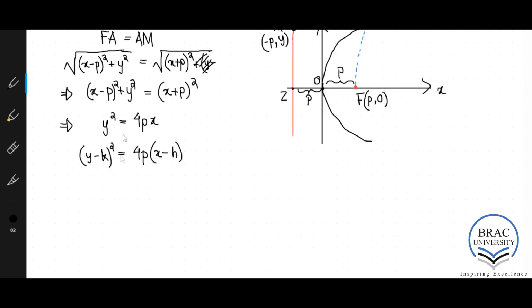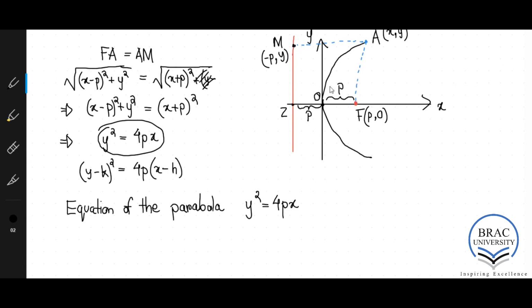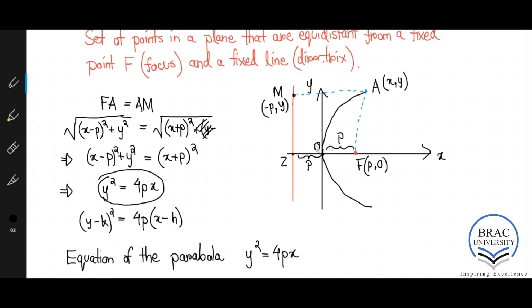So what we'll be doing is we'll be using this equation as a base, as a reference to construct all of the equations and the points we'll look at. So for the equation of the parabola y squared is equal to 4px, we will define a few particular quantities which you already saw from this graph.